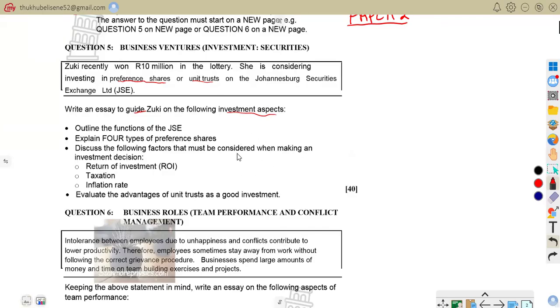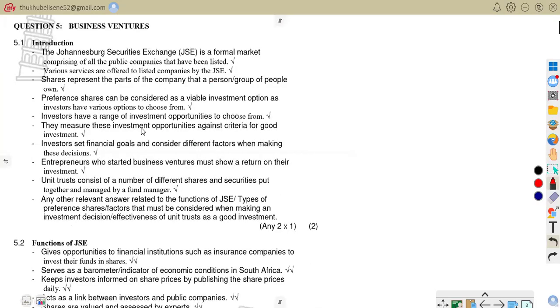That is very important. The first aspect says, outline the functions of the Johannesburg Securities Exchange, the JSE. So we are to outline the functions of this. Let us quickly attend to it.